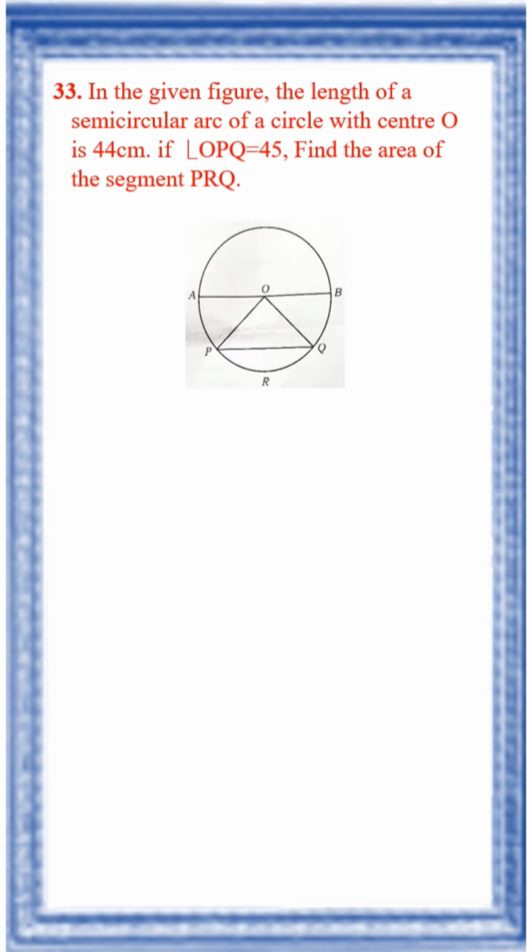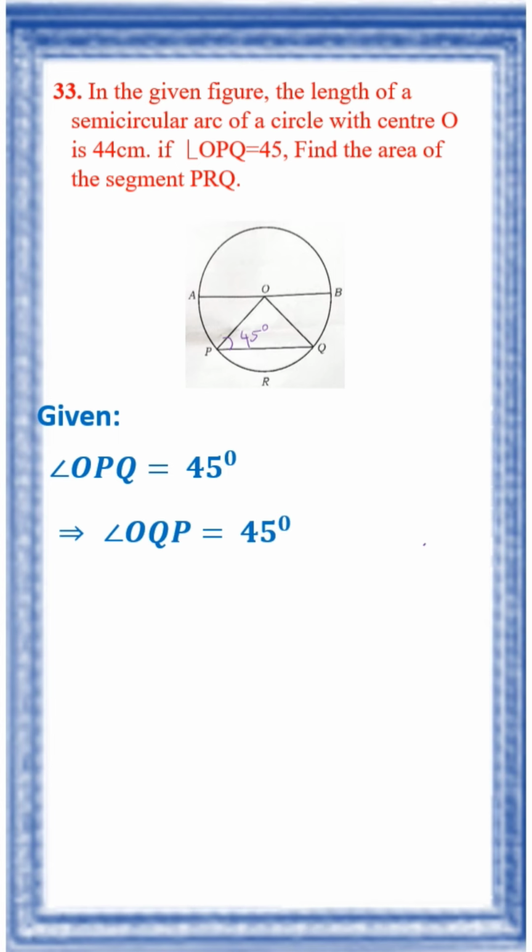Now we are also given that angle OPQ, this angle, is 45 degree. So now we can find the angle OQP, that is also 45 degree. You can see that radii OP is equal to OQ. So triangle OPQ is what?